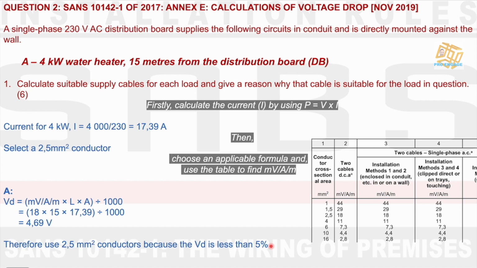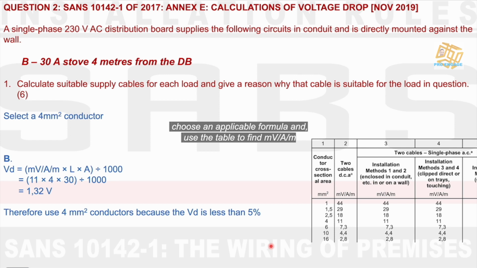Still question 2.1, circuit B. We've got here 30 amp stove 4 meters from the DB. I know 30 amps is protected by 4 millimeter squared cable, and I use that immediately.